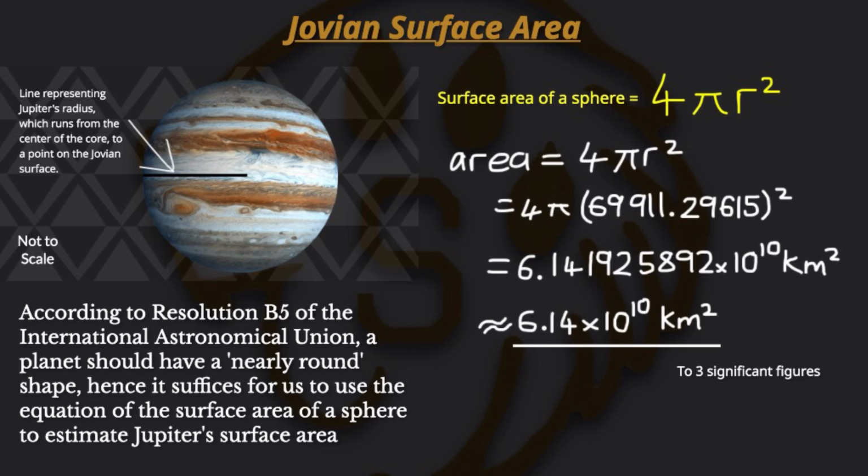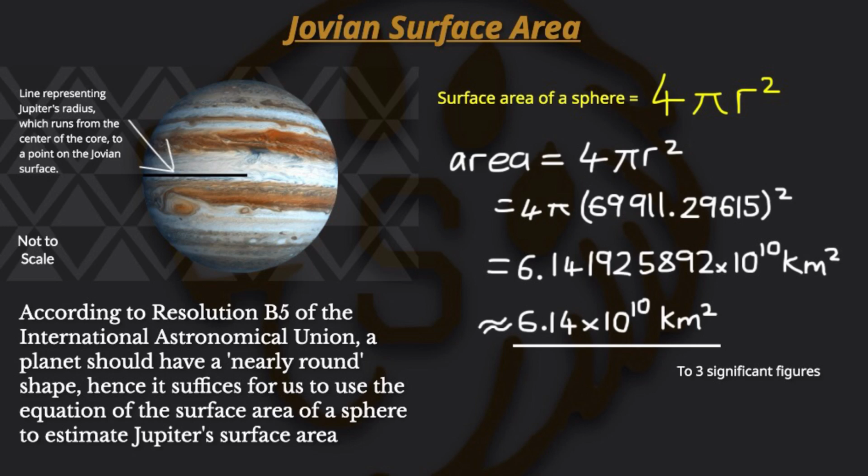And that's why you find it included there, 4 pi multiplied by 69,911.29 squared, because it's r squared, so that number squared multiplied by the constant 4 pi. And then we get 6.1419 times 10 to the power of 10 square kilometers.